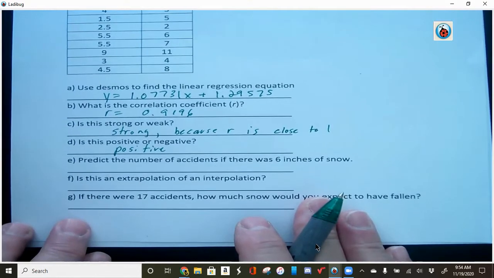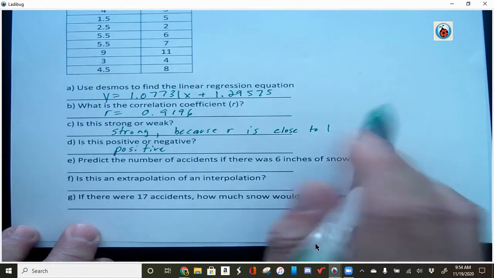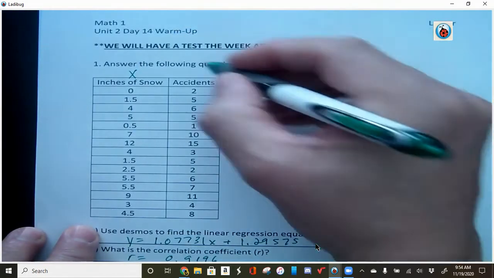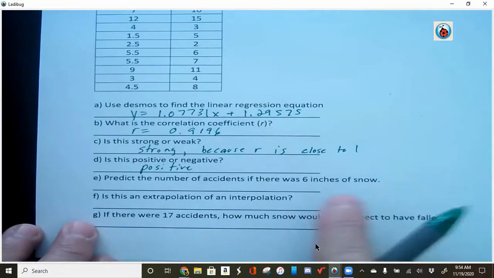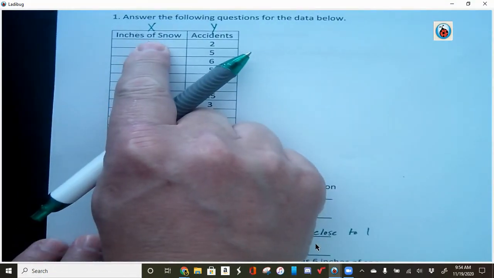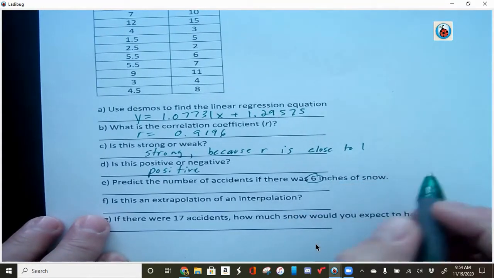And then we're going to predict the number of accidents if there was 6 inches of snow. So remember, in my table, snow is going to be my X value, and accidents will be my Y value. So if they give me 6 inches of snow, and I know snow is the X value, then I will substitute this number into my equation.